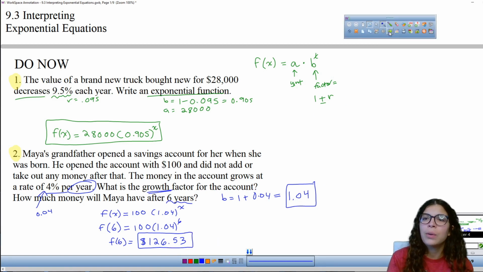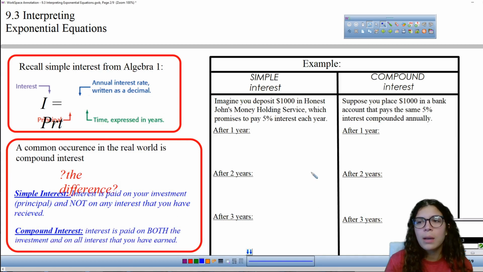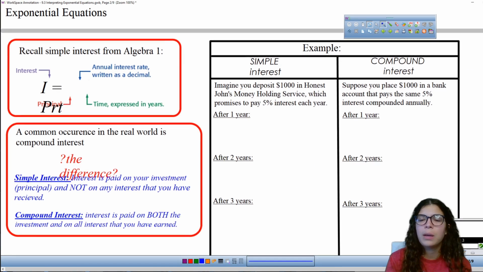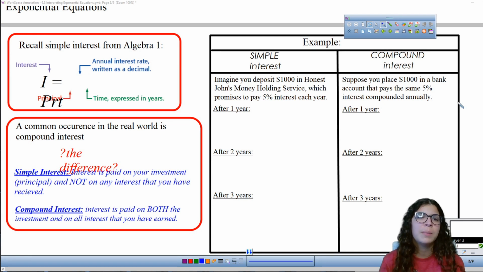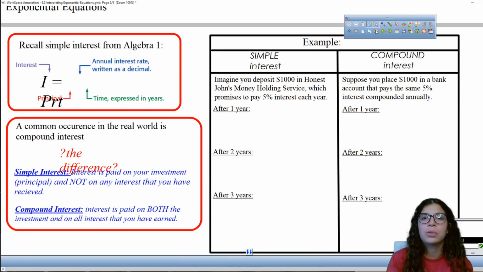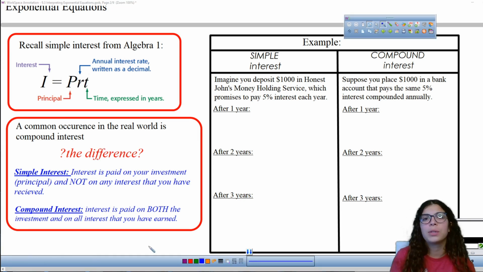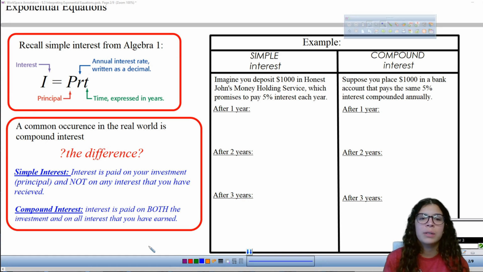All right, so in this lesson, I want to start first with covering the difference between simple interest and compound interest, because you covered simple interest before. Simple interest is just when you get interest paid on an investment and not on any interest that you have received.